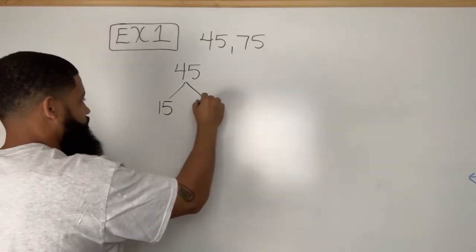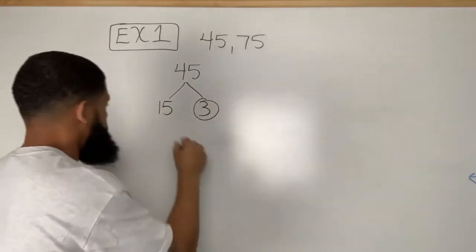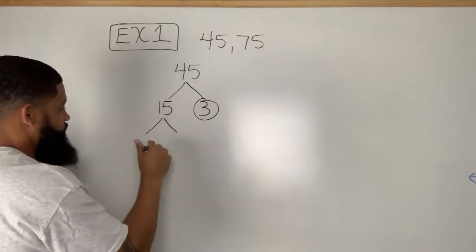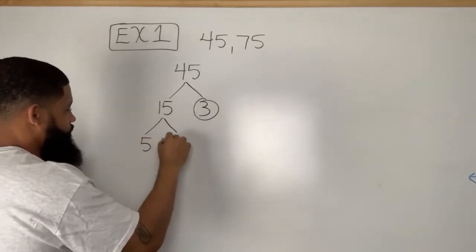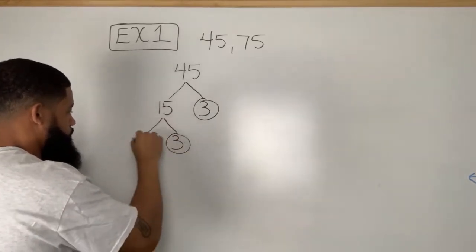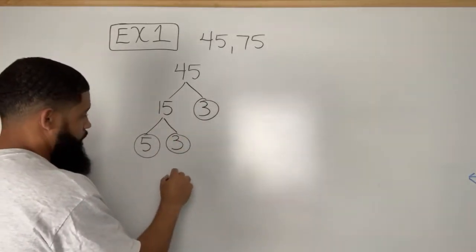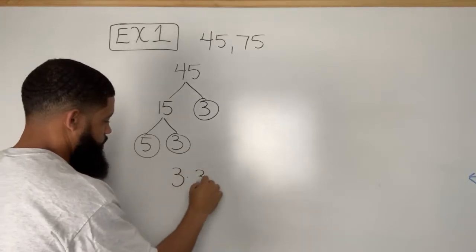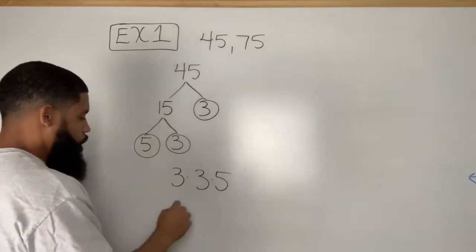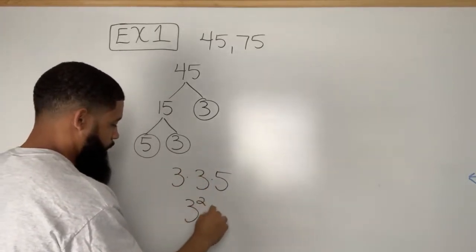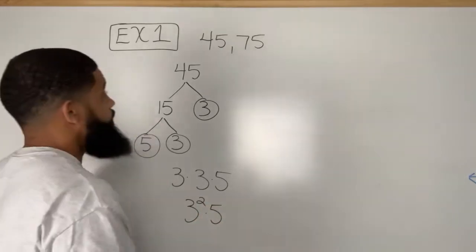All right, let's do it a little different. 3 is prime. So now 15, I have 5 times 3. Now I have 3 factors that are prime, so I can write this out as 3 times 3 times 5, or 3 to the second power times 5.